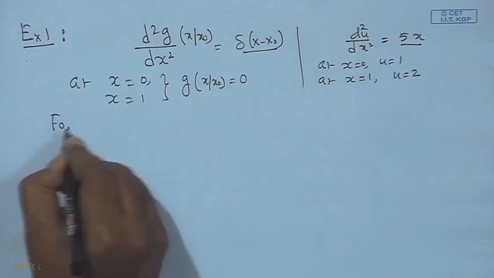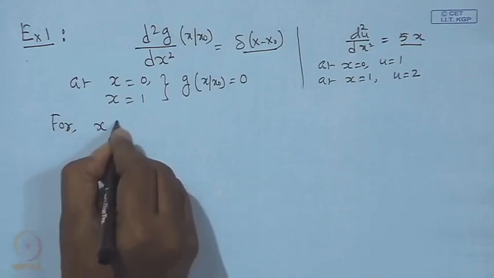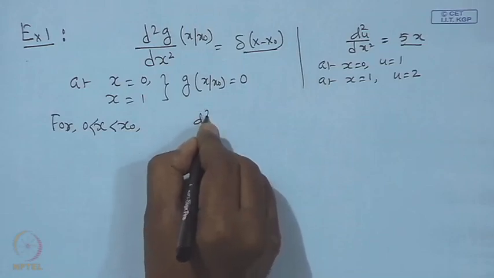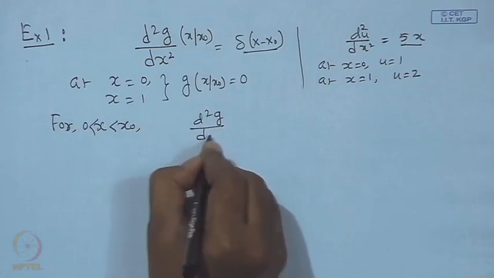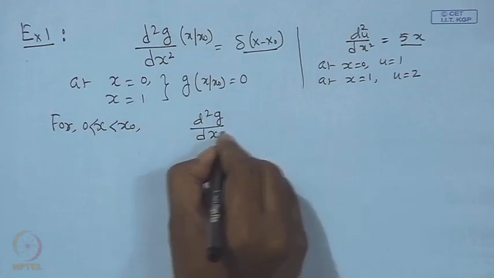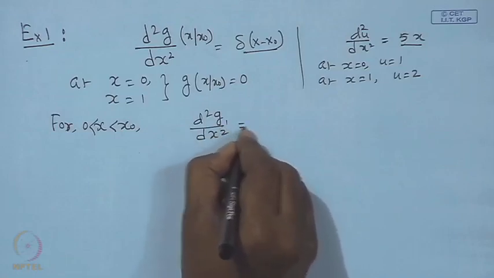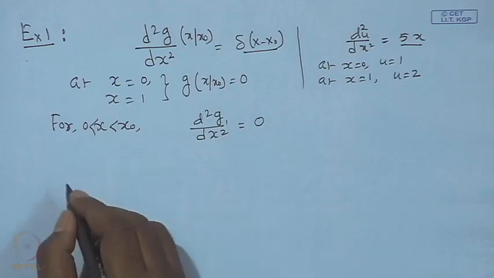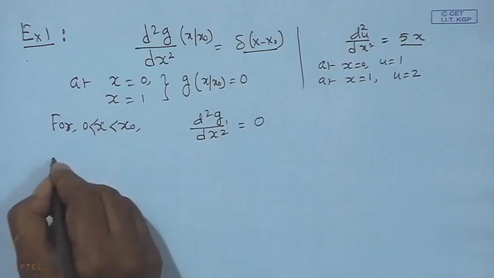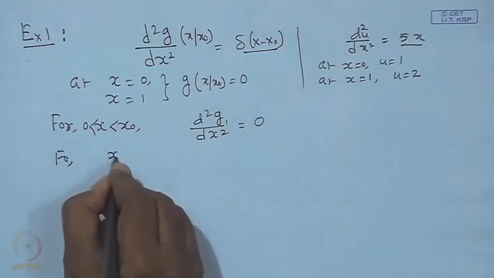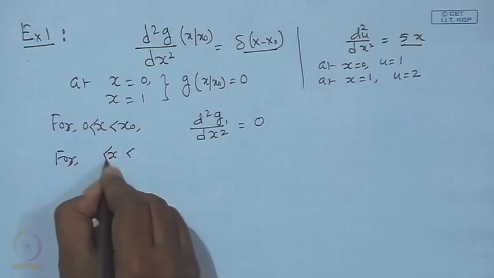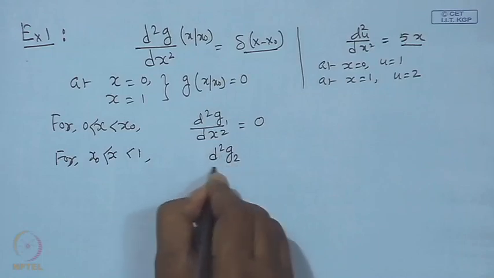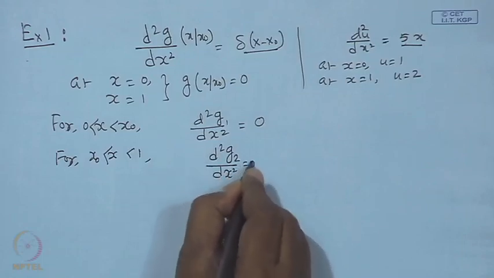For x lying between 0 and x naught, we have d square g1 dx square equal to 0. G1 is the lower half solution, and for x lying between x naught and 1, we have d square g2 dx square equal to 0.